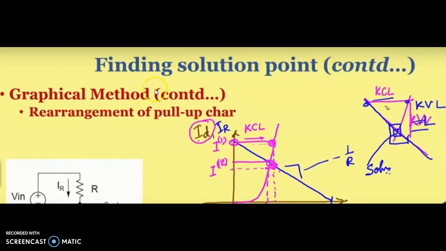Finding the solution point, graphical method continued, rearrangement of the pull-up characteristic. Here KCL, here KVL. So here is the only solution available.